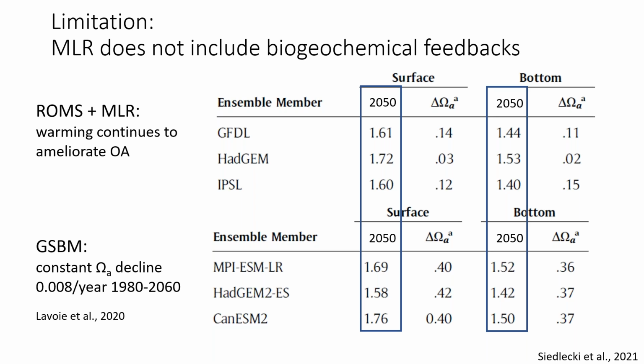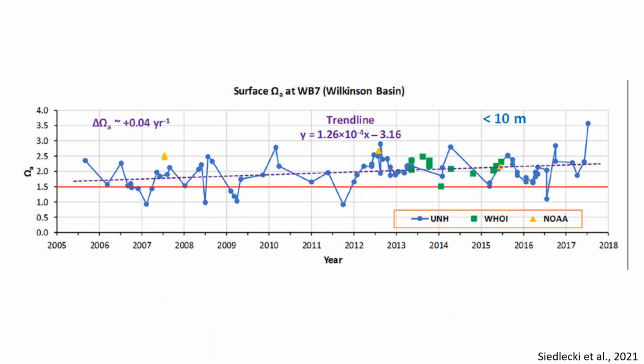The GSBM model had the benefit of dynamic biogeochemistry, so it could simulate those biogeochemical feedbacks, but it also simulated a constant decline in aragonite saturation state, which we know is not consistent with the observations that I mentioned earlier and other observations provided in this paper, where you could see an increasing trend, at least for a part of that period.